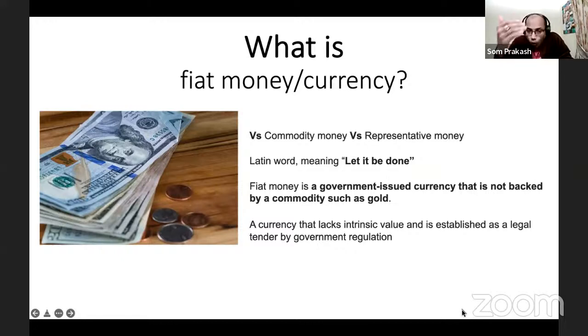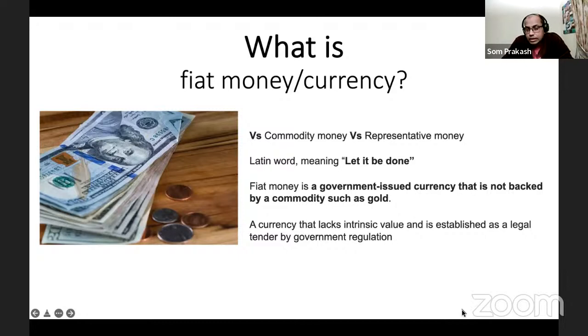That's a legal order for certain things they want to enforce within their community. So that says let it be done. This is a legal decree, a royal decree, or a government or authority's decree.